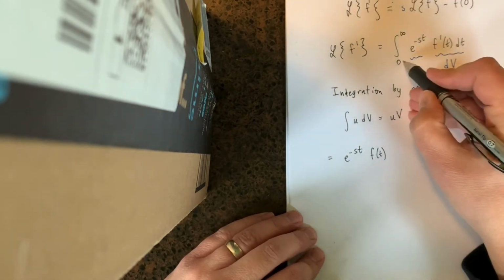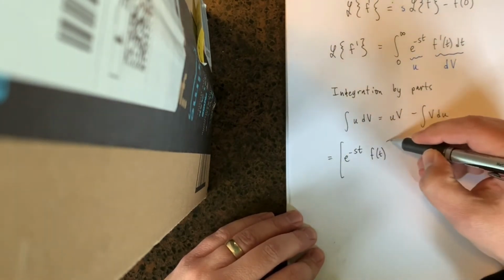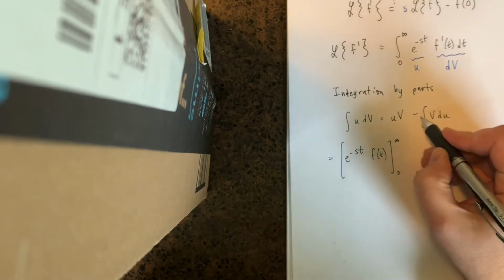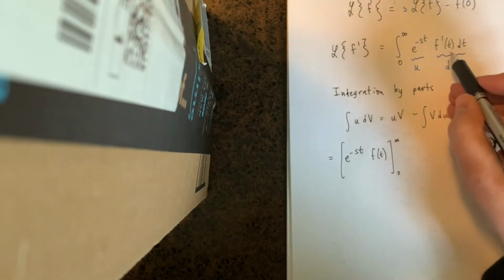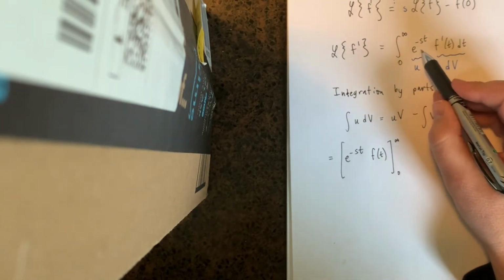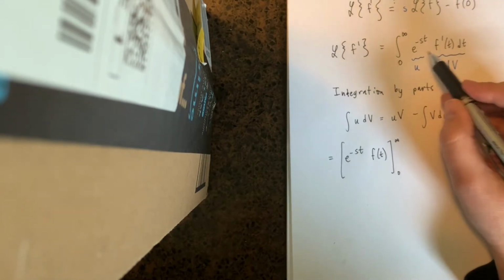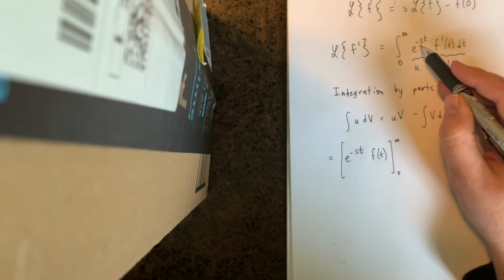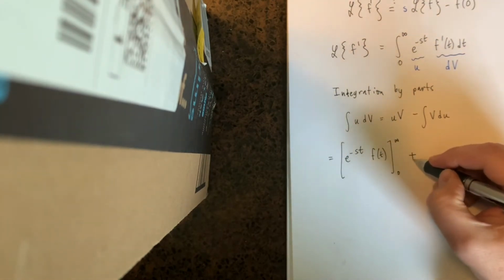And then I'm going to evaluate this from 0 to infinity. Minus v du. Well, as we saw when we integrated this guy last time, v du is going to have a negative sign, so minus and minus is a plus.